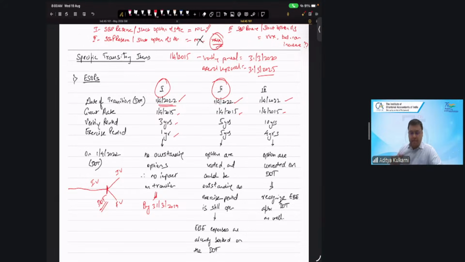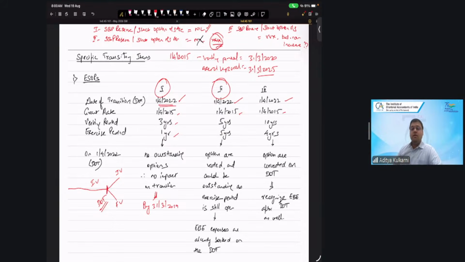Now understand the sequence of events. Can I say that in the second case, my employee benefit expense is entirely booked before the date of transition?